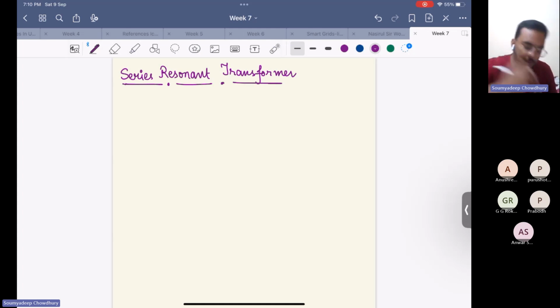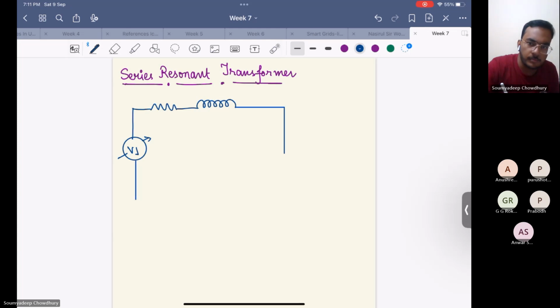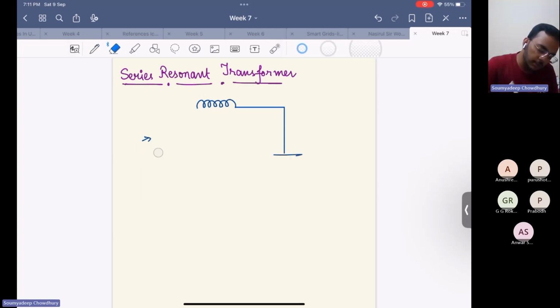Then I will draw the circuit. One second, I will draw the exact circuit.